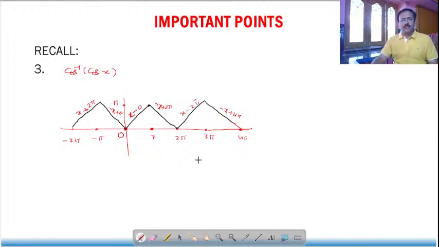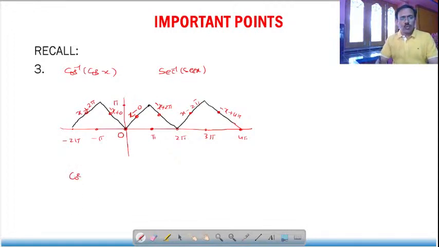Like this the graph helps, friends. The same kind of graph applies for secant inverse of secant x. Of course, it is not defined at odd multiples of pi by 2 for secant inverse of secant x. It doesn't matter, wherever it is defined you can use this.